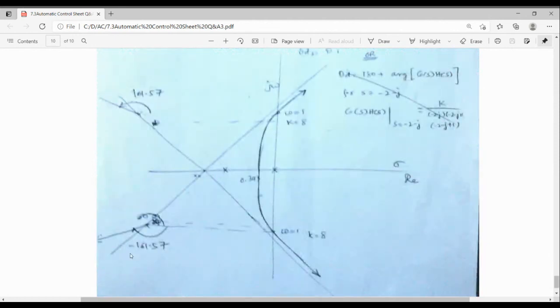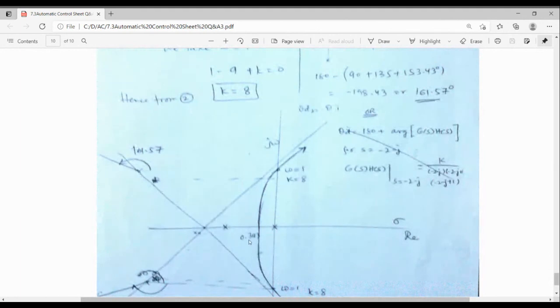In the same way here, minus 161.57. Draw the perpendicular line at this pole and take the angle as minus 161.57, and the start point is at the pole and it goes to infinity. Is it clear?